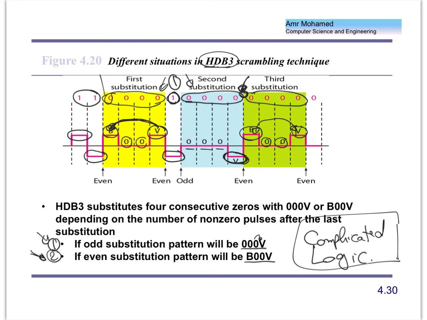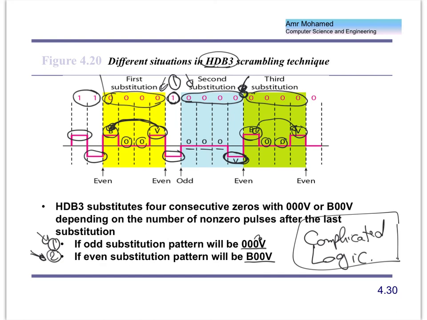So again, just to summarize, in this chapter we talked about digital transmission, where we take the bits, convert them into a digital signal, and transfer the digital signal as is on the line.